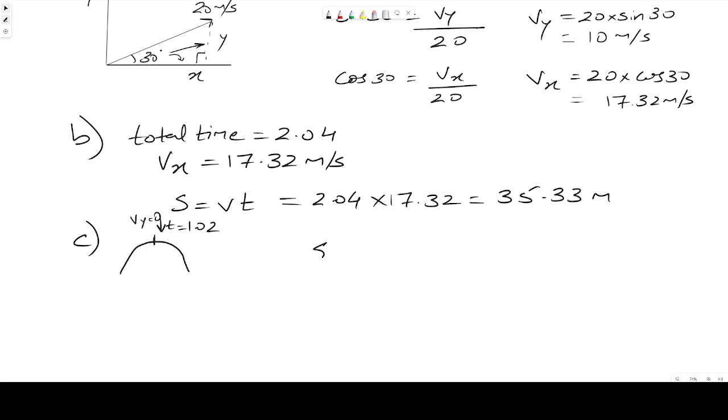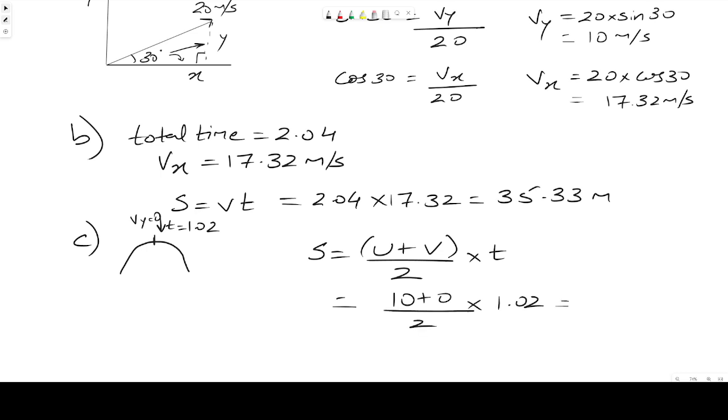I can use the equation S is equal to u plus v over 2 into t, the third equation of motion, and then I can find the maximum height. This will become 10 plus 0 divided by 2 times 1.02. This is going to be 5.1 meters in the vertical direction.